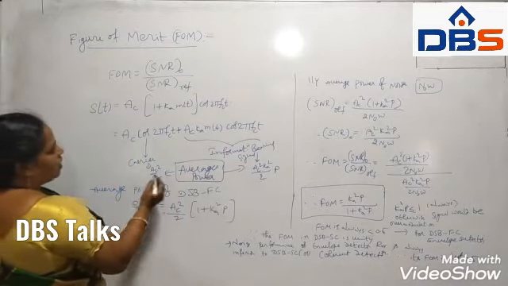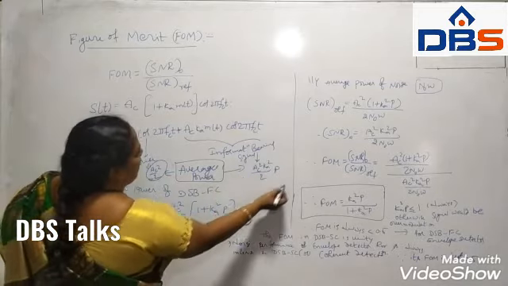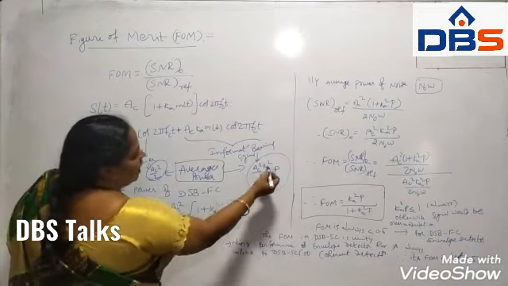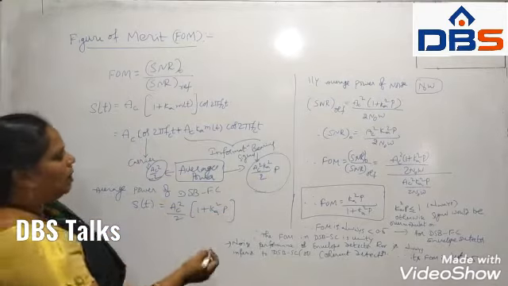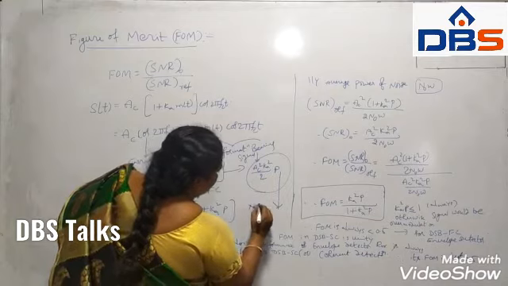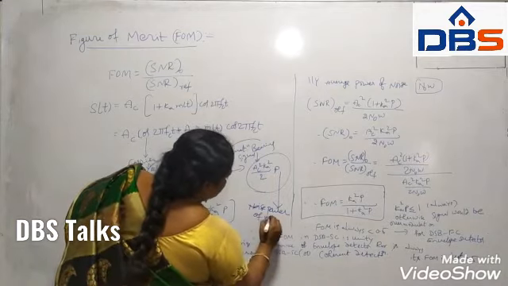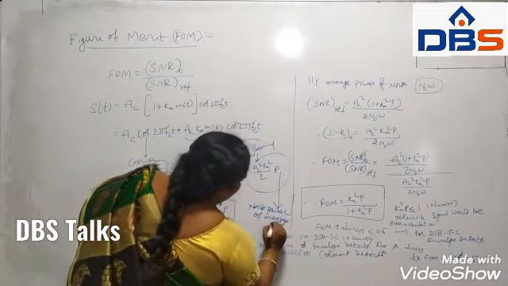For the carrier, the average power is AC square by 2. For the information bearing signal, the power is AC square Ka square by 2 into P, where this P is the power of the message M of t.